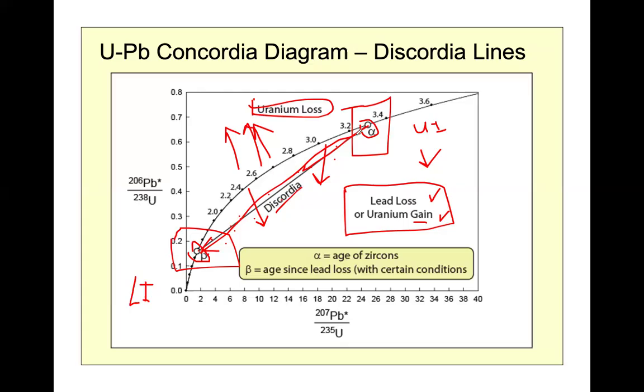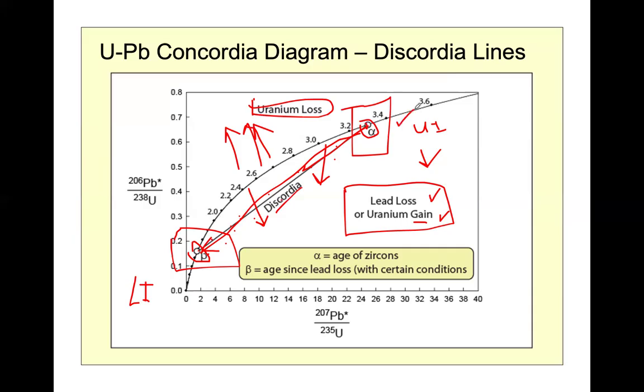For example, this upper intercept point will have something like a 3.2 or 3.3 Ga age, and the bottom one maybe like 1.5 or something. So you have basically two ages, even with this discordia, the lower intercept age and the upper intercept age.